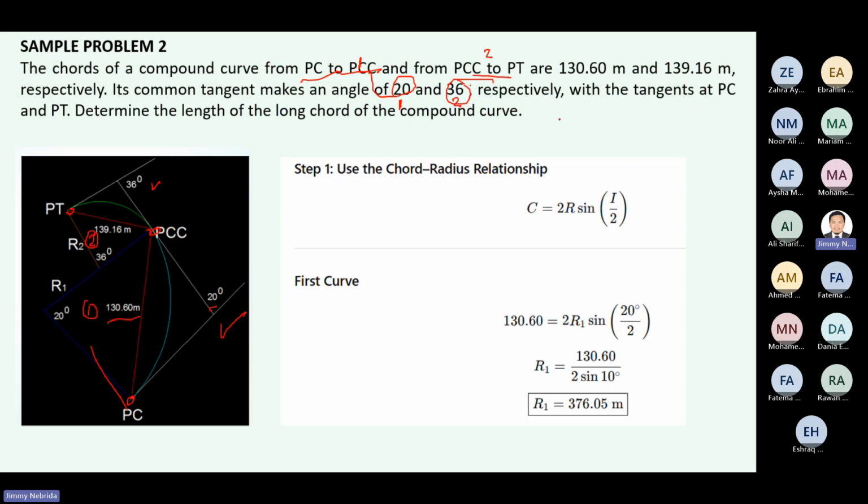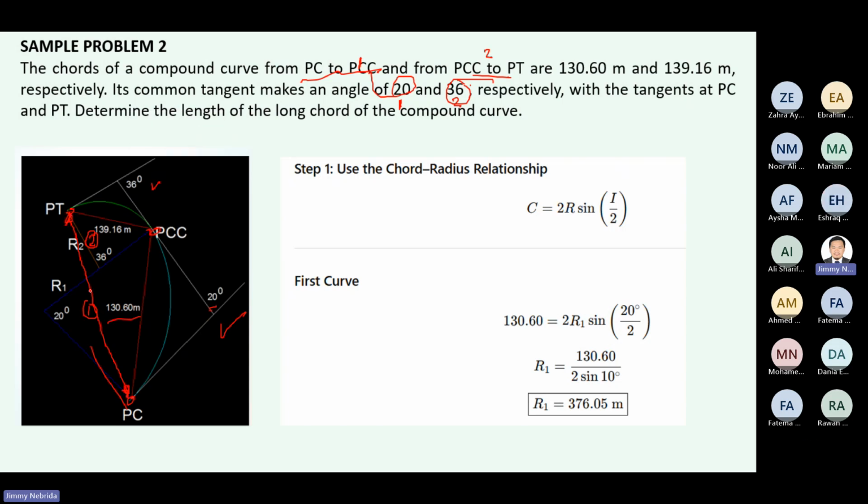Now, with the tangents at PC, determine the length of the long chord of the compound curve. It is the chord of the compound curve. This one, right? Going here, up to here. This is the length of the chord of the compound curve.